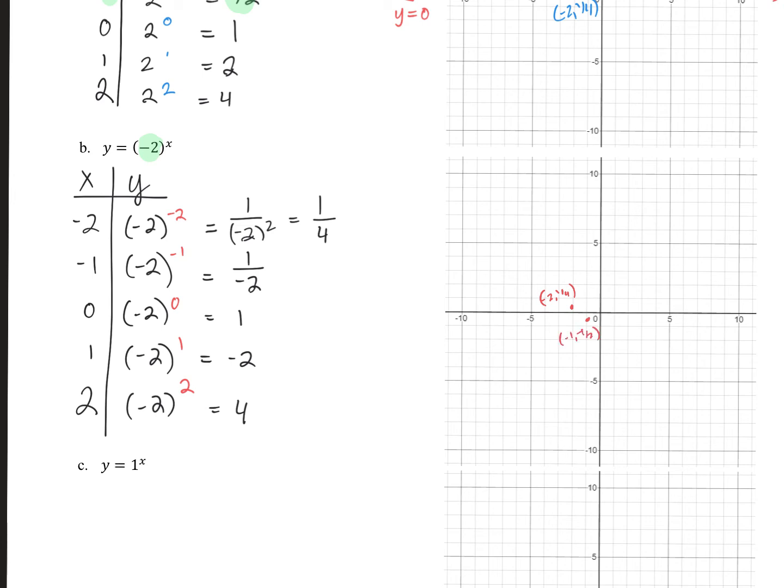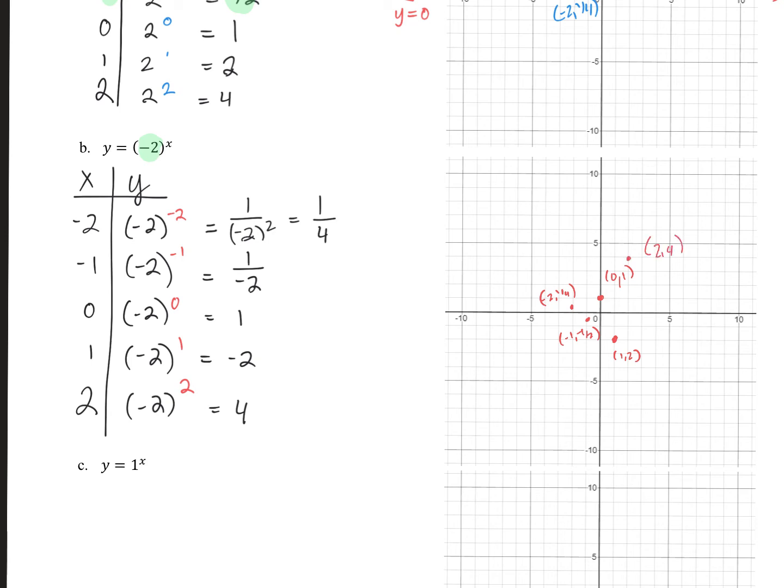And then for 0, we get 1. So (0, 1), okay, we know that happens usually. And then for 1, we get -2. Okay, that's weird. Now it went up and then it started to head down. And then for 2, we have +4.